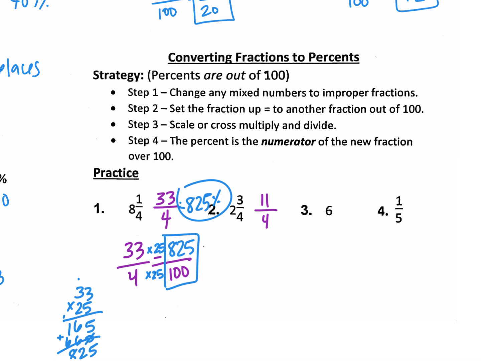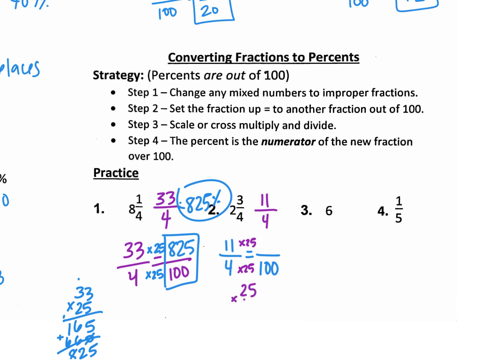Okay, so if I have 2 3/4, I fix it and I make it an improper fraction so that I can scale it again. So I'm going to write that down here. I have 11/4. I want to make it out of 100 because percents are always out of 100. And what do I multiply by 4 to get 100? This is equivalent fractions. I'm making an equivalent fraction at this point. So I'm going to multiply it by 25, which means I got to multiply the top by 25 to keep it equivalent.